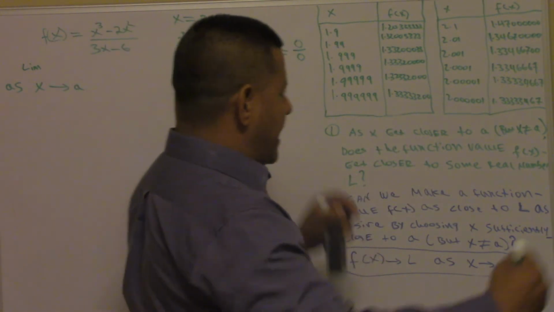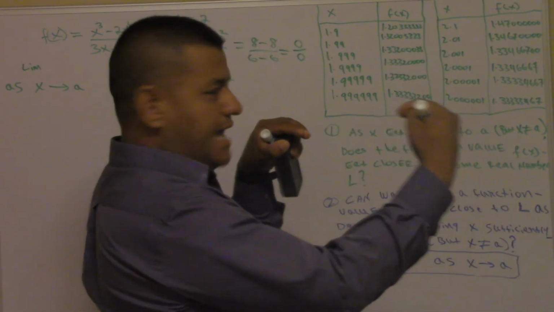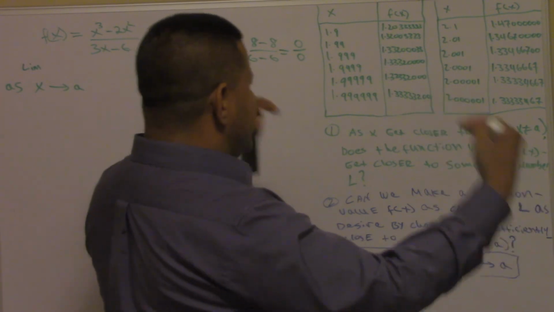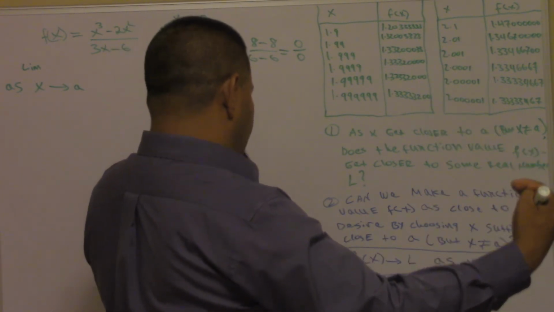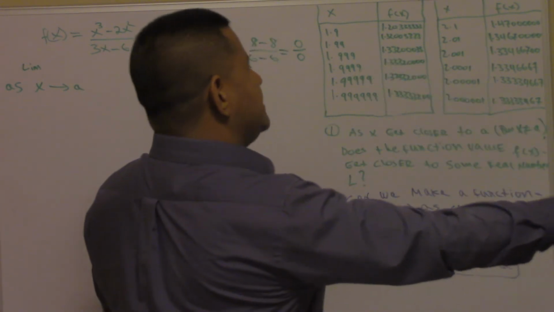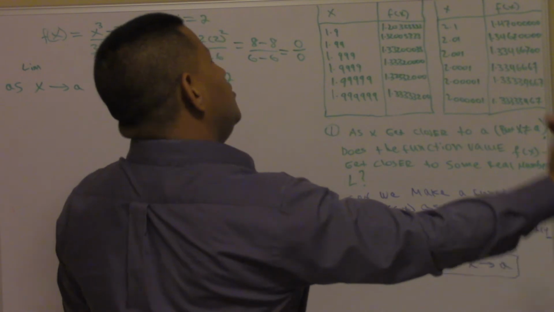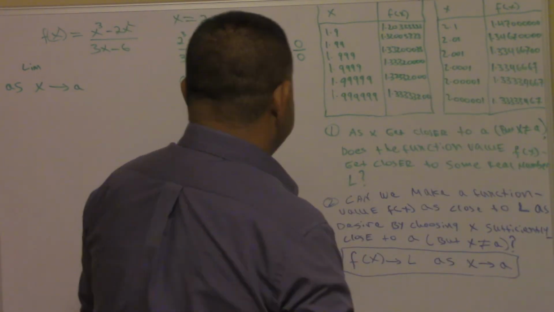Notice that I am approaching 2 from both sides. I am approaching 2 as x gets closer to 2 from left to right, and also as x is getting closer to 2 from right to left, right?